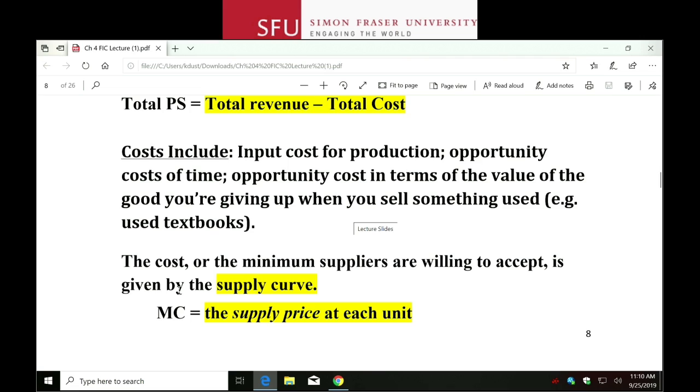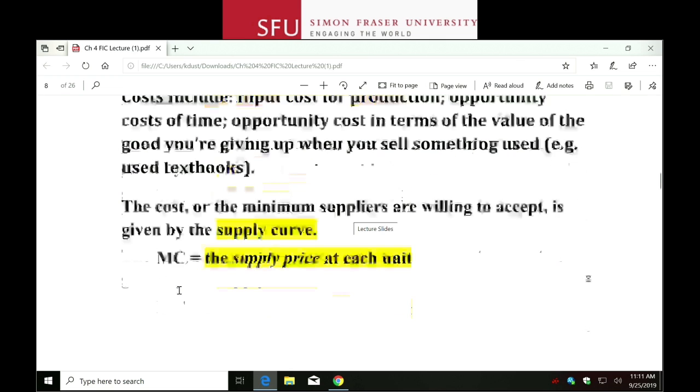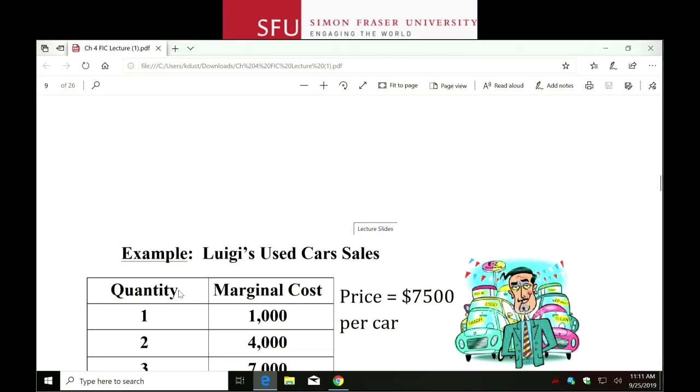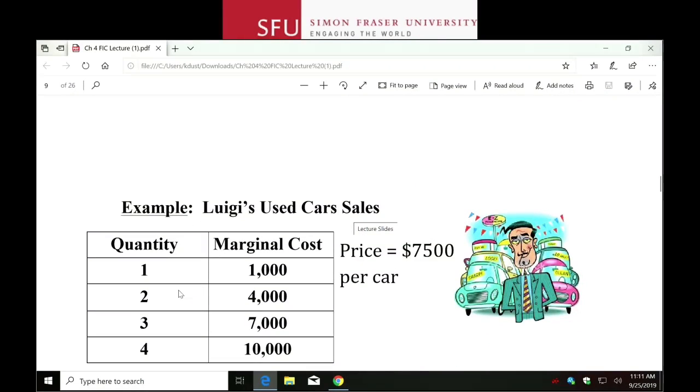Okay, so now we'll go through some examples where we figure out producer surplus, which again is a way of measuring how well off the sellers are after they sell the goods. It depends on your cost of production and the price you're going to get paid. The first example is used car sales.